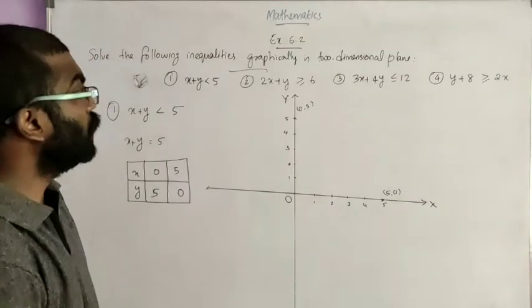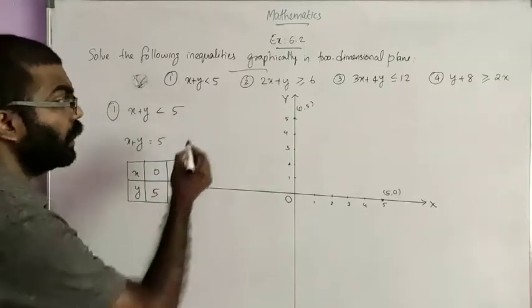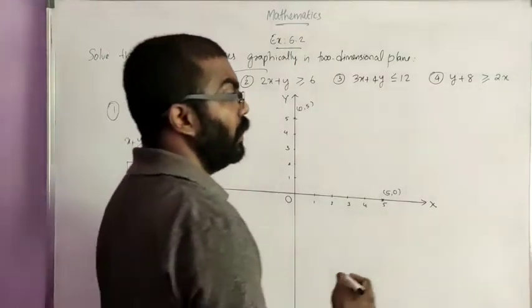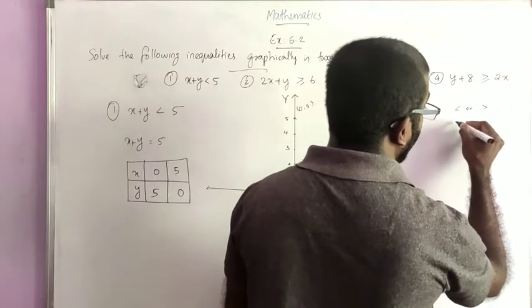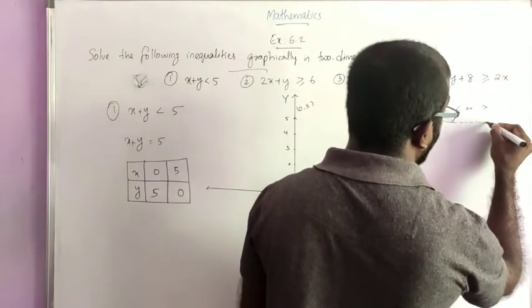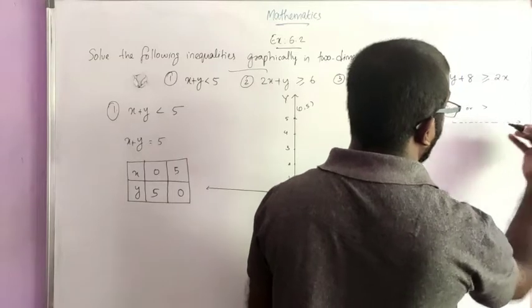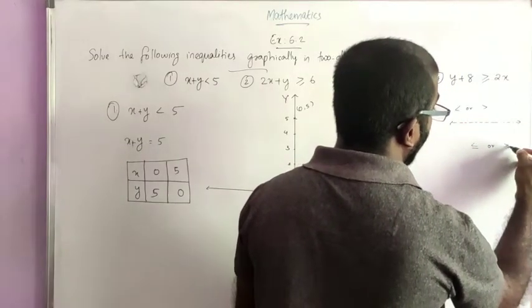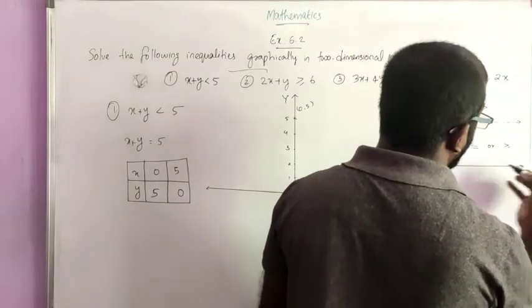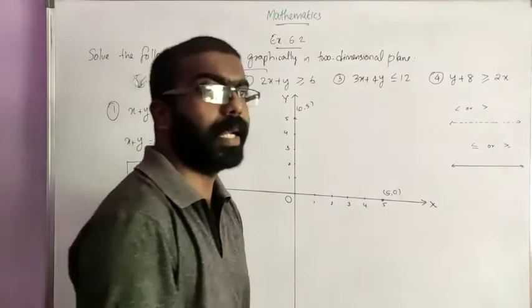One thing you have to remember is the symbol. Here the symbol is less than. And if it is less than or greater than, we have to draw a broken line, or dotted line. And if it is less than or equal to or greater than or equal to, then we can draw a straight line without any break.